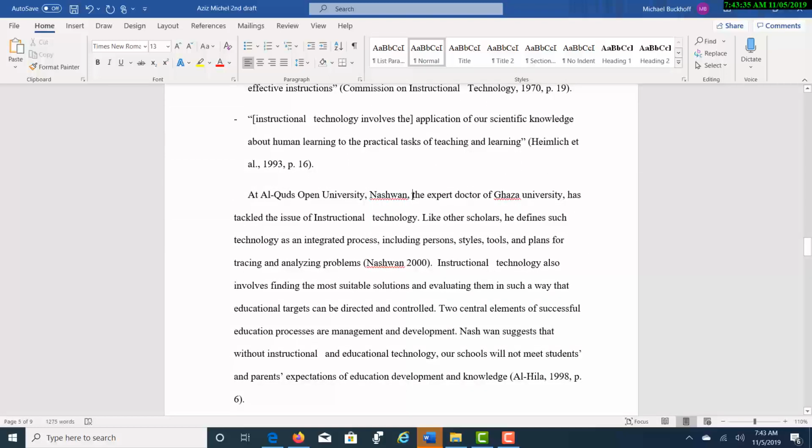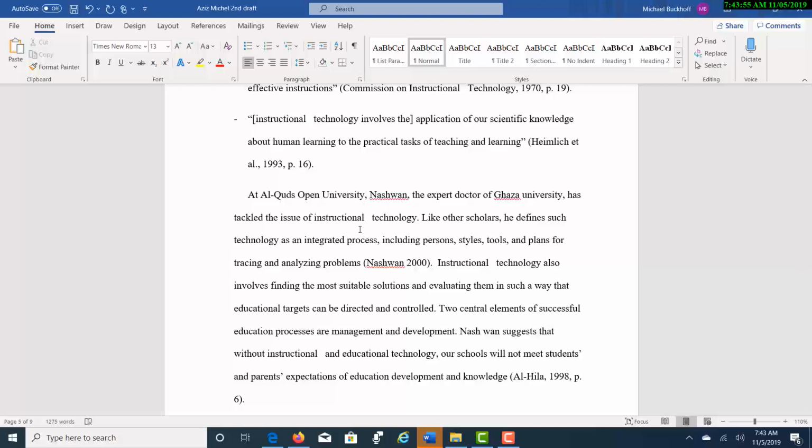I love this appositive. Wow, my goodness. At Al Quds Open University, Nashwan, the expert doctor, has tackled the issue of instructional technology. So I don't think you need to worry about capitalizing this. But here's a problem.